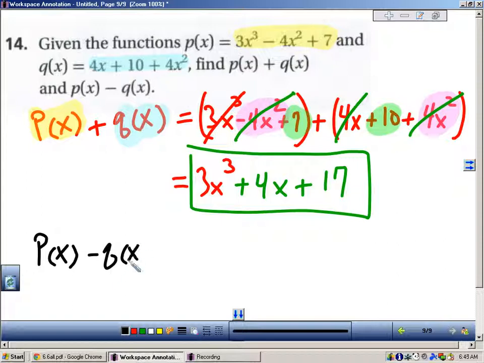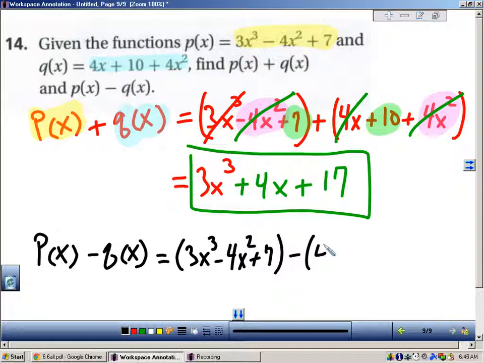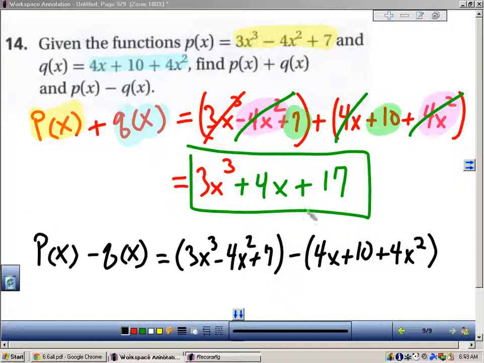All right, well, let's see what that looks like. So I'll write this out. This is p of x. So let's distribute the negative sign.